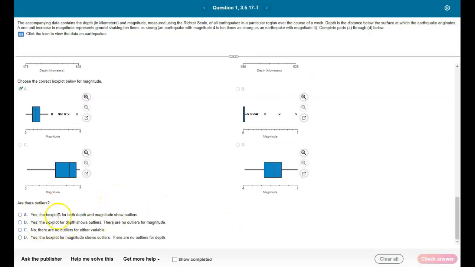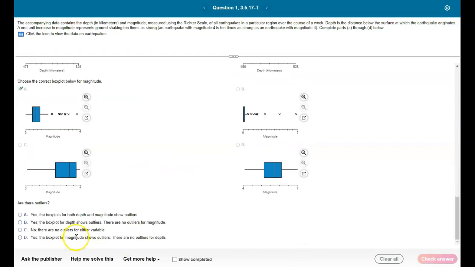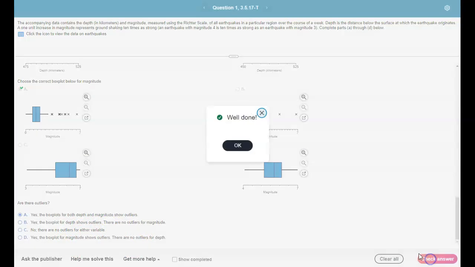And then the last one, are there any outliers? Yes, definitely. I mean, we see them here in the box plot. We see them here in this box plot. Those little X's there are outliers. So yes, the box plot for both show outliers.